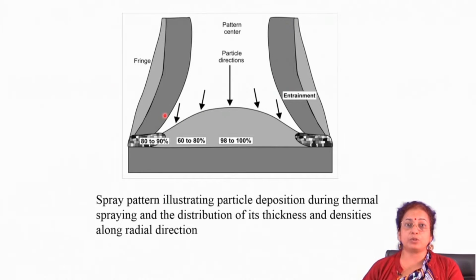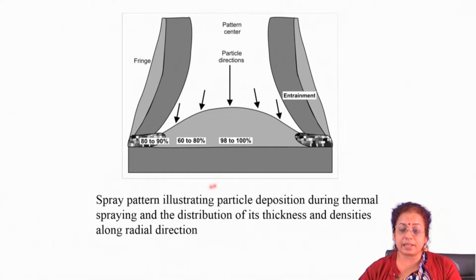Now, if you look at how the coating thickness and properties vary along the radial direction, you will find that in the middle of the nozzle the coating rate is maximum and it is highly dense, but as you go along the radial direction the coating density decreases and the thickness also decreases.